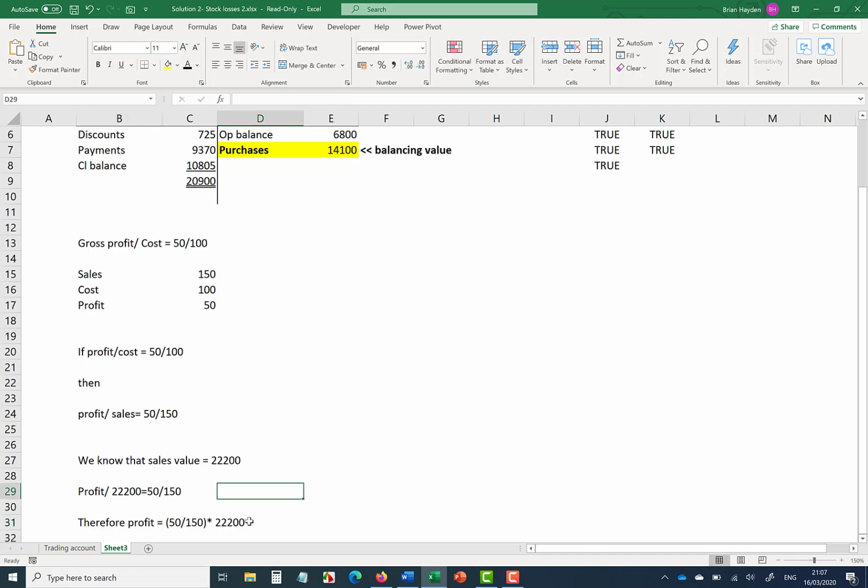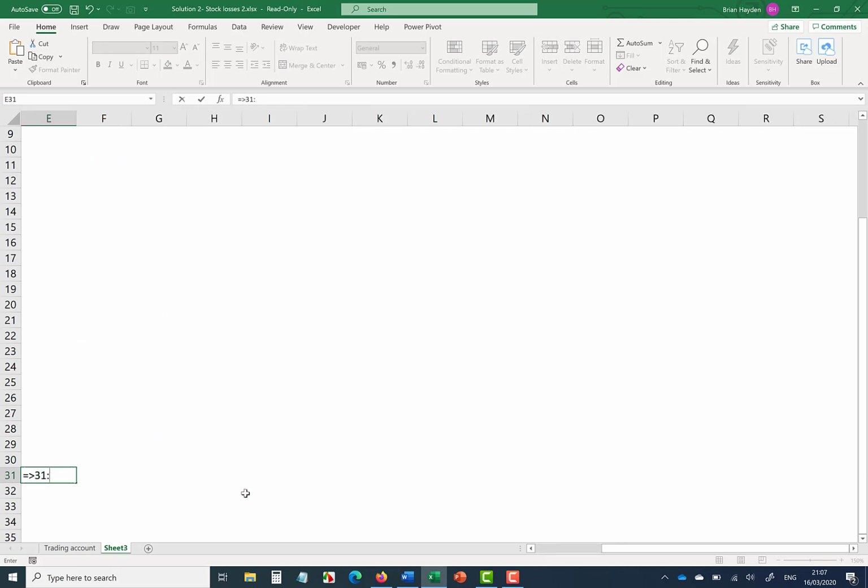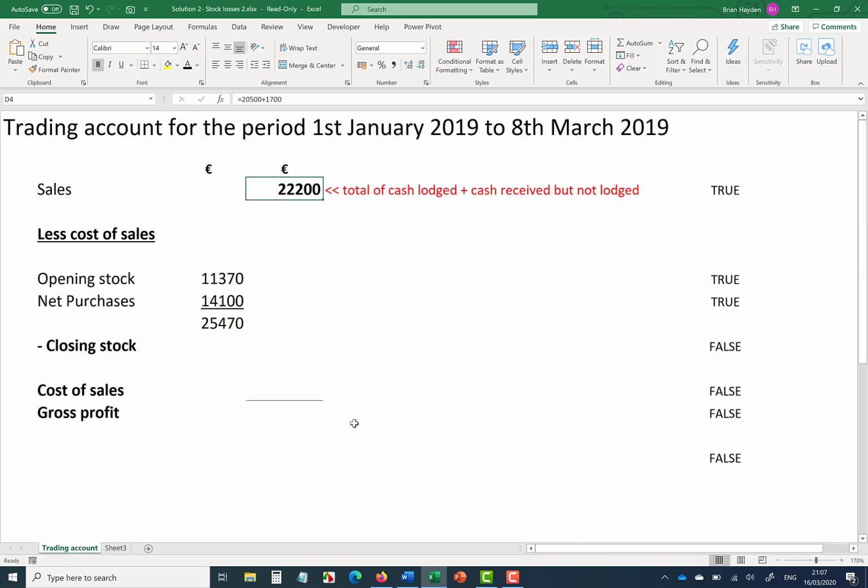So it works out that the profit is equal to 7,400 when you do the calculations. 7,400. So I can say that the profit is 7,400. Okay, so I can show that there.